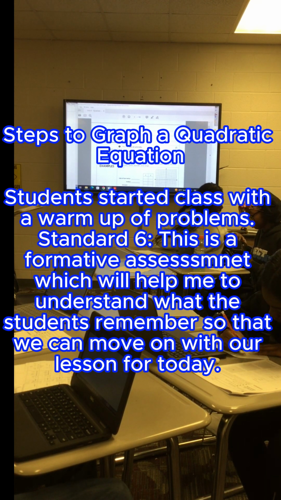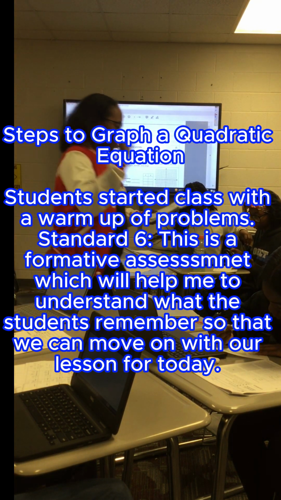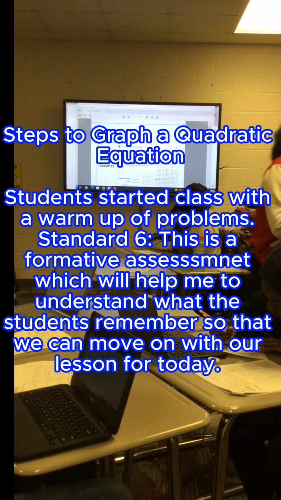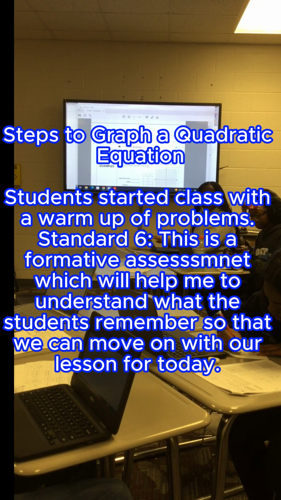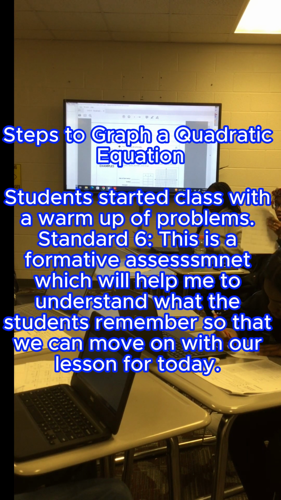Okay. What's our formula for axis of symmetry? Do we have a formula for it? Yes, we do. How do we find that axis of symmetry? X? Come on.